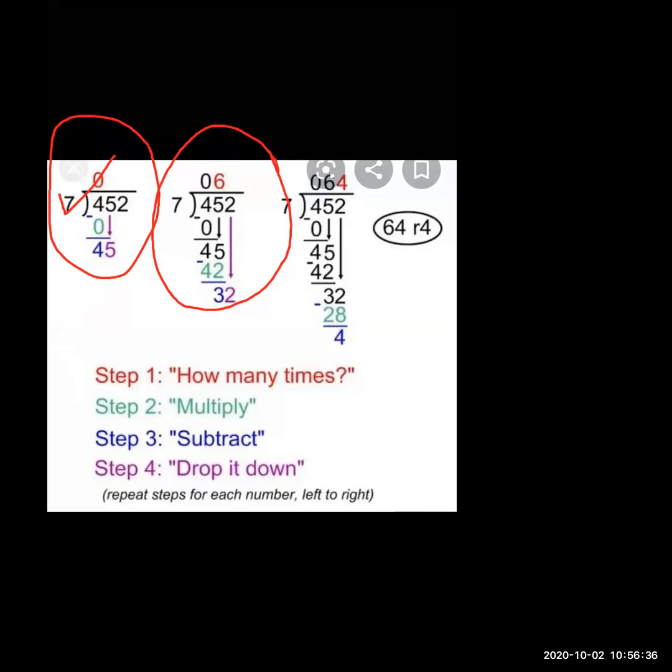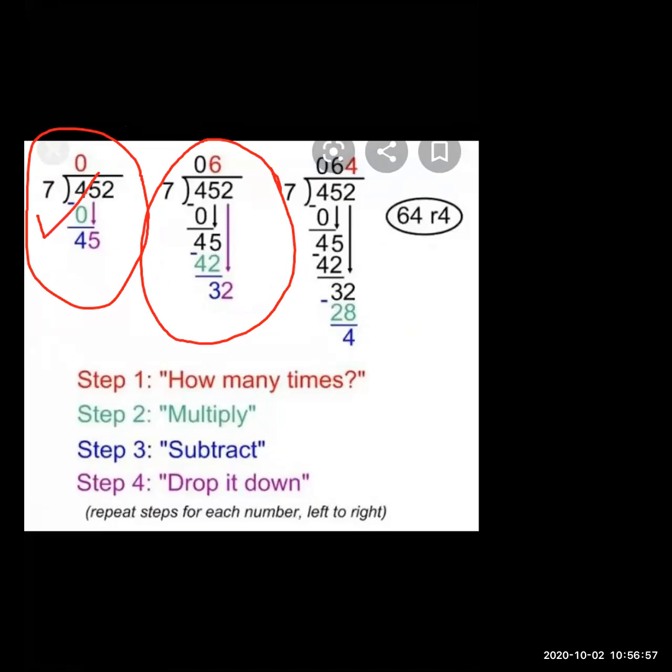If 45 is not there, then you want to find a number less than 45. Which number will come? That is 42. Good. So 42 is on which place in the table of 7? Yes, 7 6s are 42. Very good. Very nice.